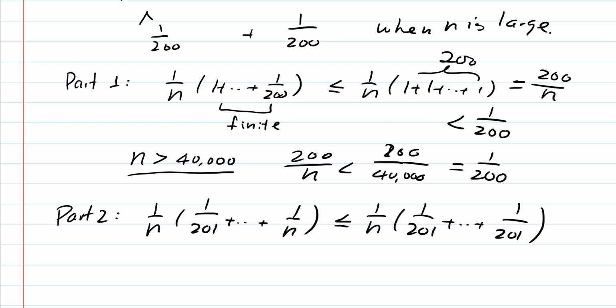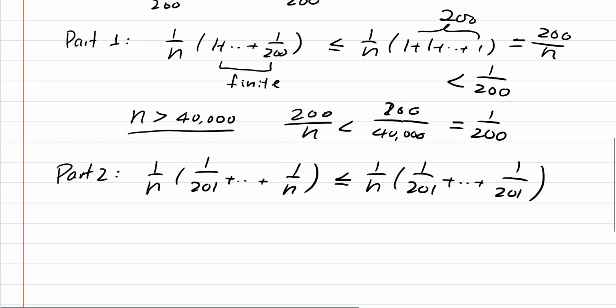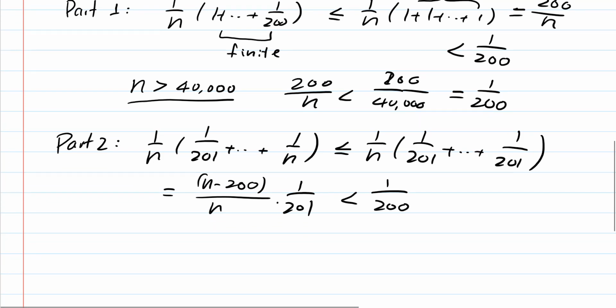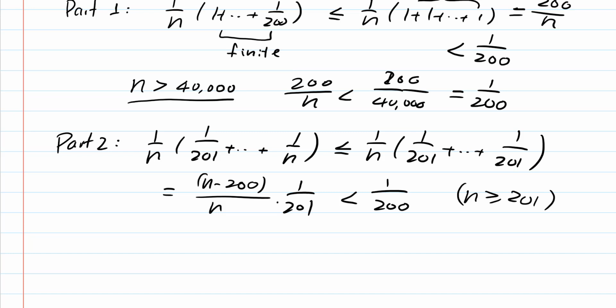Because the first one is the largest one. And from here, then we can see this is going to be equal to n minus 200 over n and 201. And we can easily see this is less than 1 over 200 because this is less than 200 and n minus 200 over n is less than 1. So now we don't even have any requirement on n to be big. As long as n is bigger than or equal to 201, that's going to be good enough.